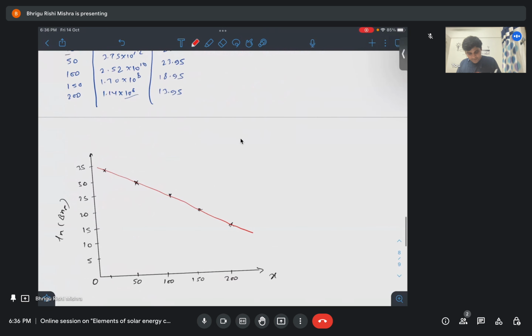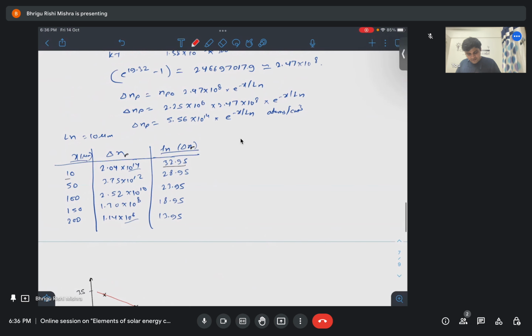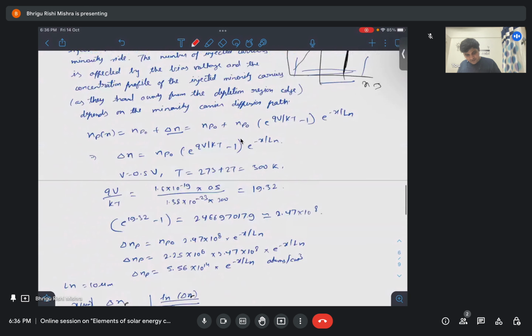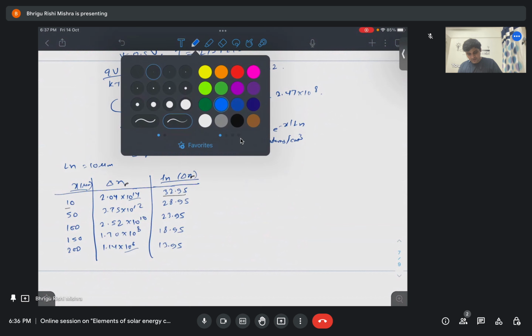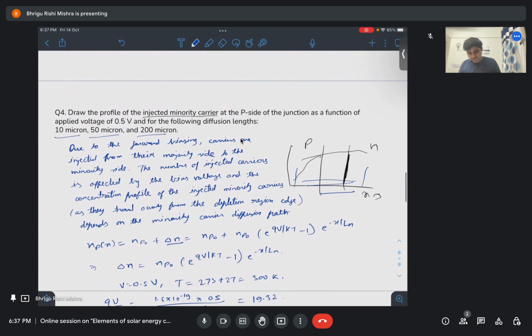So this is for ln equals 10 micron. We can show for one more, since we need to know how it varies when diffusion length changes. So let's calculate the values for the other diffusion length, 50 micron.